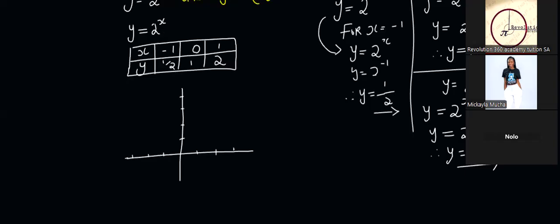Then that's 1, 2, 3, 4. That's 1, 2, 3. And then this one we know that we call it the y-axis. Then this one we call it the x-axis.